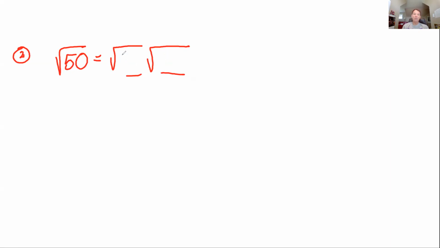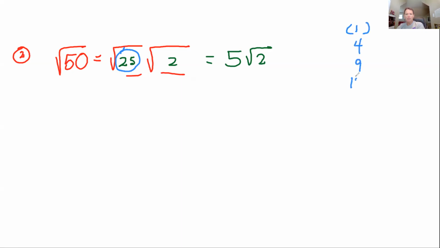Did you think about 25 and 2? If you did, then the square root of 25 is just 5 and the square root of 2. So what we're going to be looking for are these numbers. I'm going to write them over here. 1 is not terribly useful as a factor, but 4 is, 9 is, 16 is, 25, 36, 49.